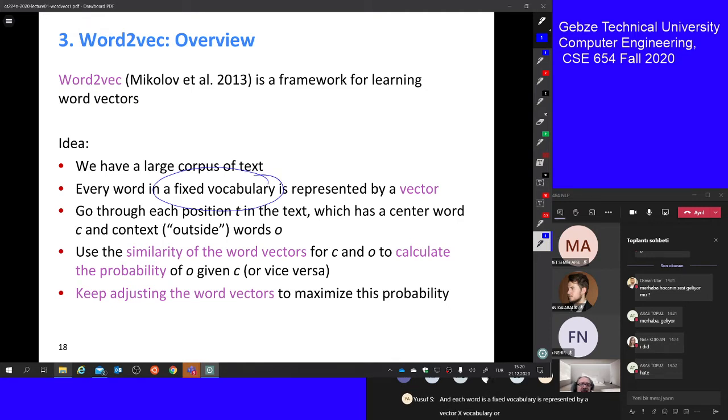We are going to go through the whole text, the whole 1 billion words of Wikipedia, one by one.